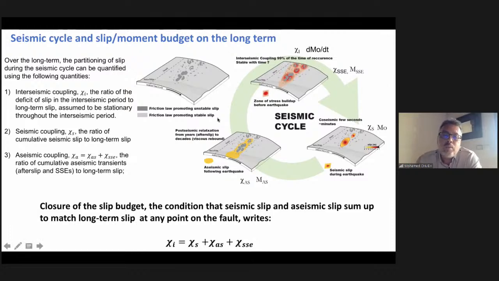One condition to make this cycle, the closure of the budget on the long term, can be met if we consider that what is accumulating on one side is released through different transient events that can be seismic or aseismic. This term here corresponds to afterslip, and this one corresponds to slow slip events.